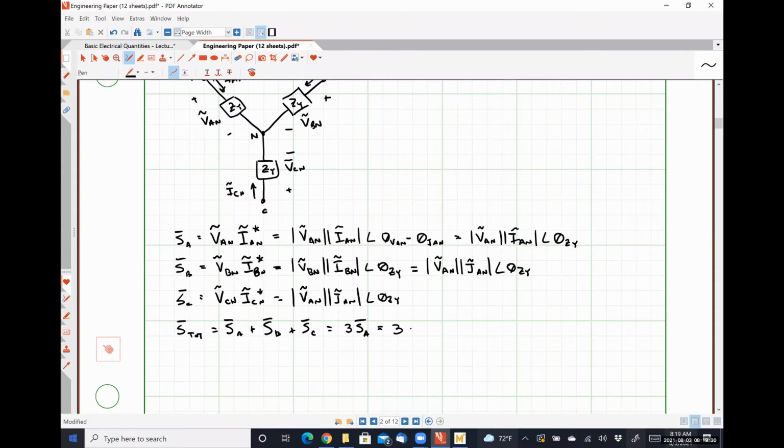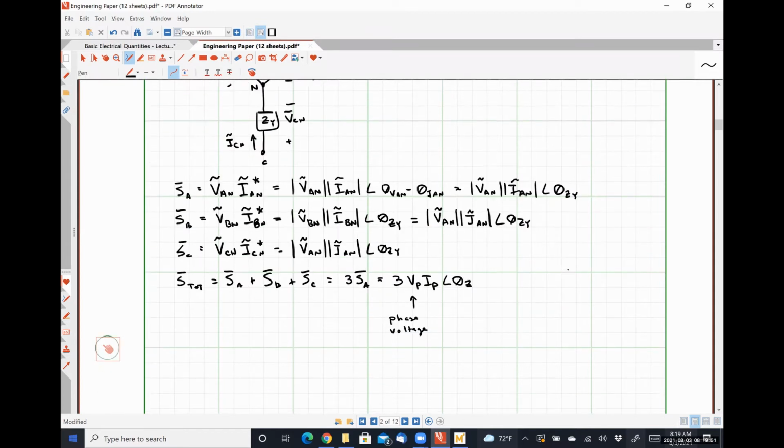I'm going to call this 3 VP IP angle theta Z. VP represents the phase voltage, or the magnitude of VAN, and IP represents the phase current, or the magnitude of IAN. So we now have an expression for our complex power in terms of our phase quantities. All right.